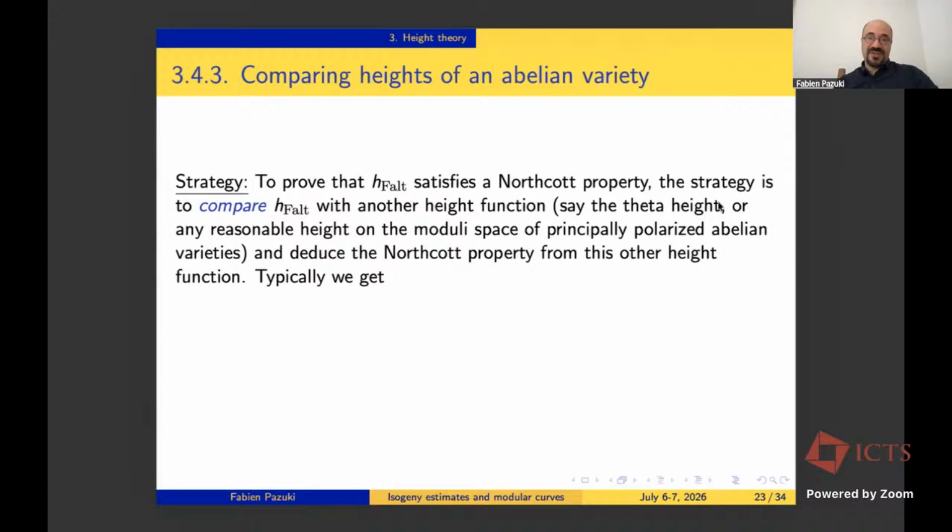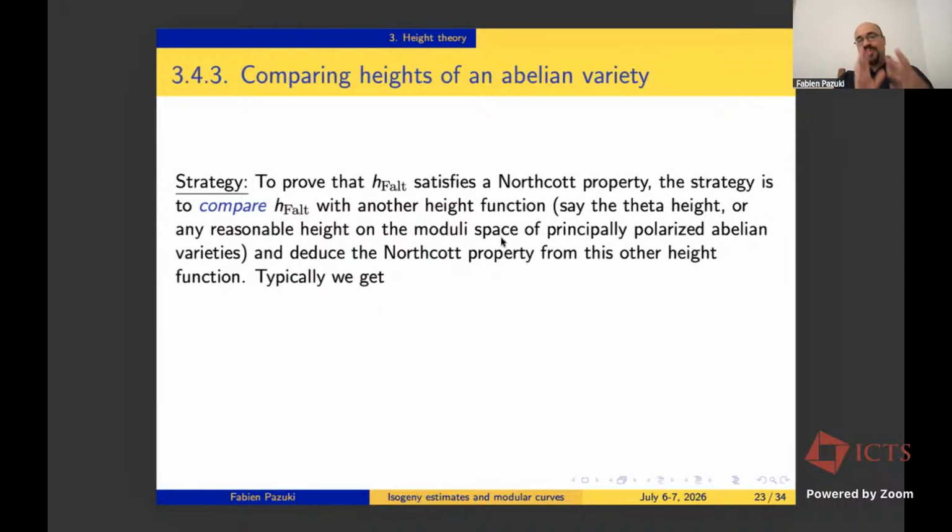For instance, the theta height, because I introduced it, but it can be any reasonable height on the moduli space of the principally polarized abelian varieties that you look at. And then, of course, you compare it to a height function where you know you have the Northcott property. Most of the projective heights, basic Weil heights, theta height, things like this, satisfy the Northcott property for easier reasons.